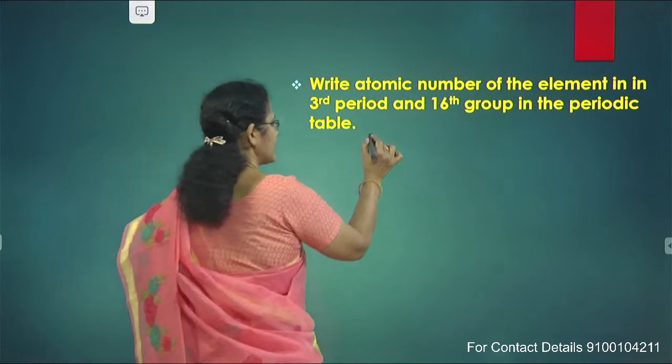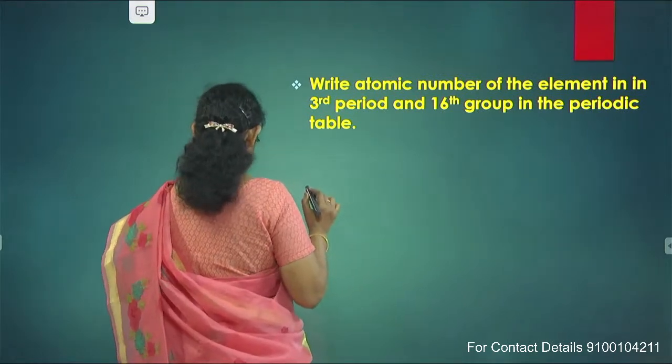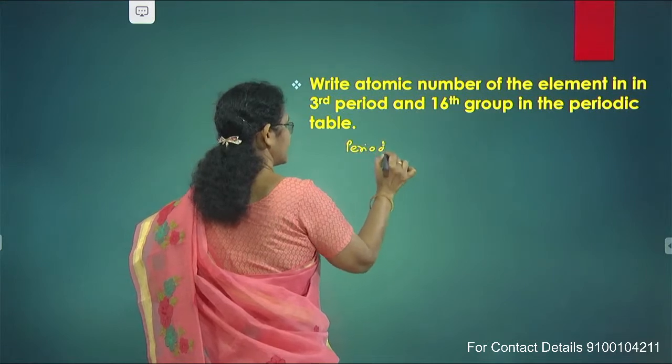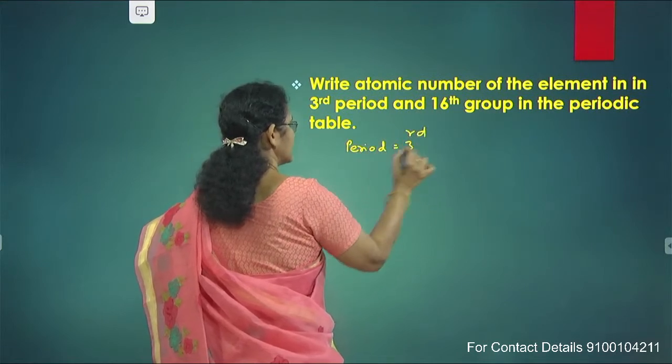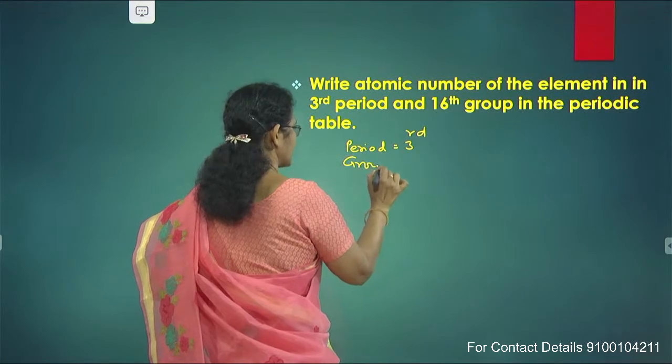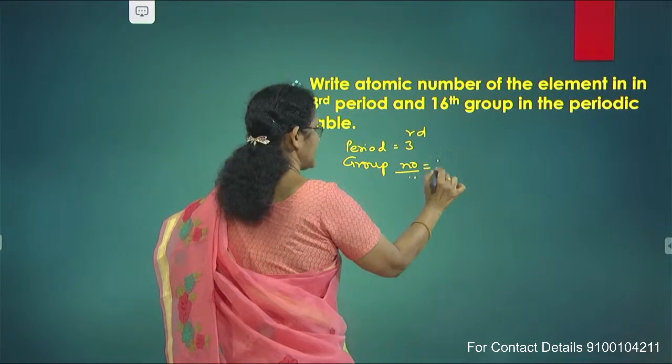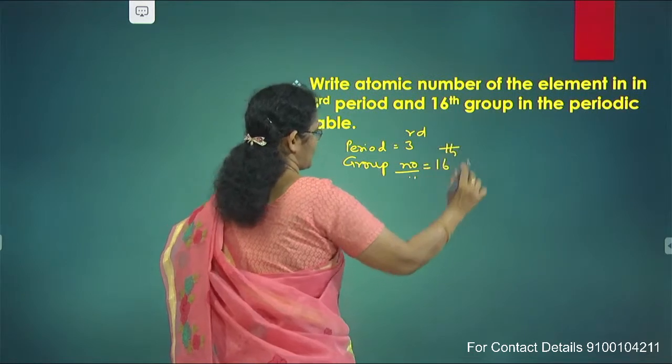So, period number is third, group number is 16th. He has given group number also.